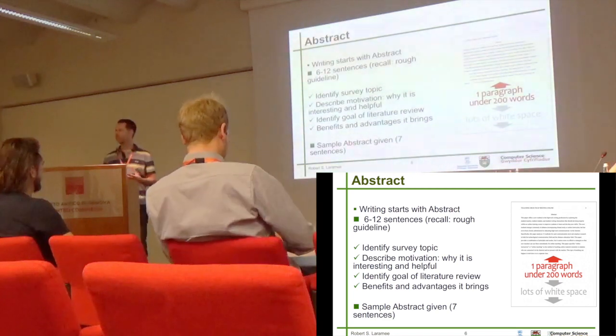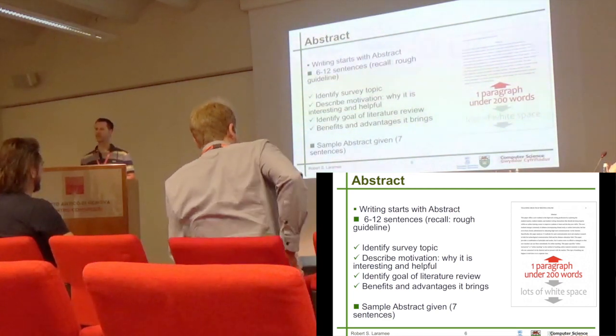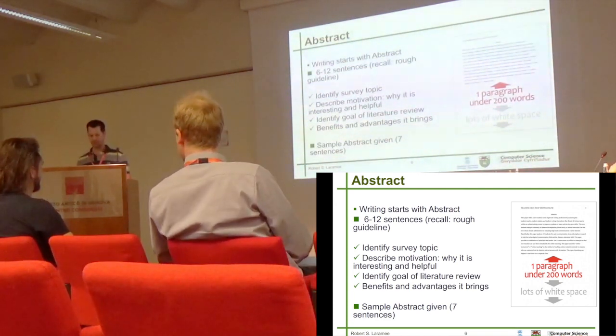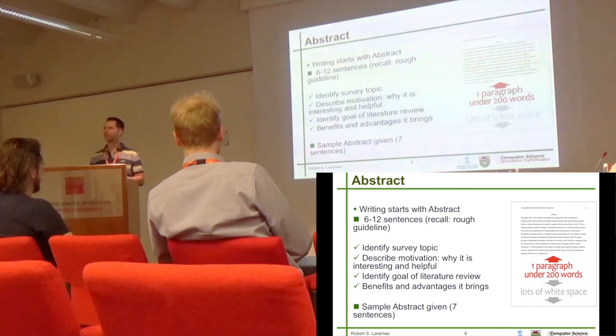You also have to identify the goals of the literature review. Your literature review has some goals and objectives, and you want to identify those. And then, what benefits and advantages does your presentation bring? This is one aspect that a lot of people leave out by accident. You've done all that work, now what are the benefits of having done all that work?